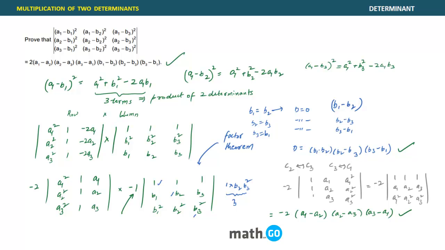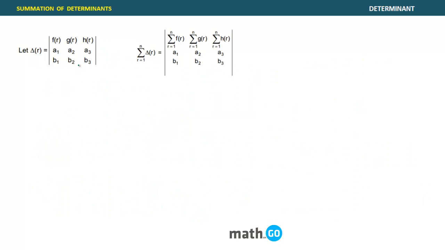Okay, let's take another concept, that is summation of determinant. So summation of determinant is a concept where, let's say this is the determinant which has a variable r. Here all these ai and bi are assumed to be constants. They are not the variables. The only variable here is r.